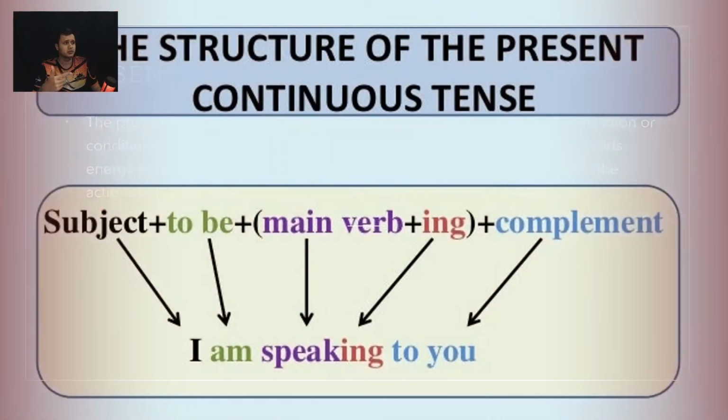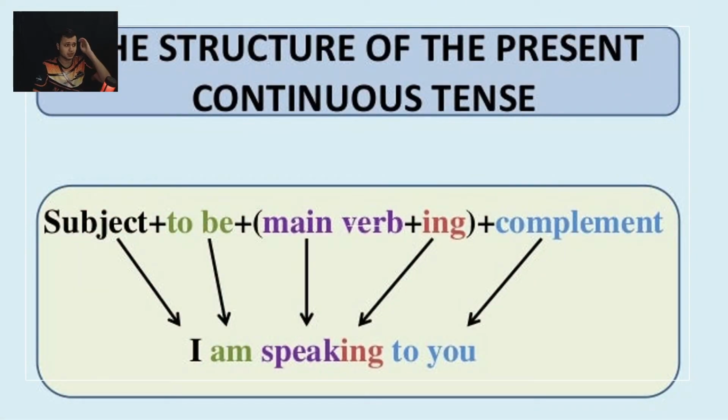And first of all, we have to see the structure. We have an illustration that shows us, I think, in an easy way how to understand it. We start with the subject, and then plus the verb to be, and then we add the main verb, and to the main verb we add the ing at the end of the word, plus a complement.